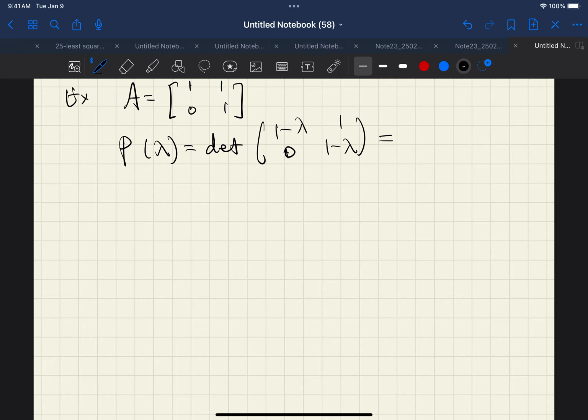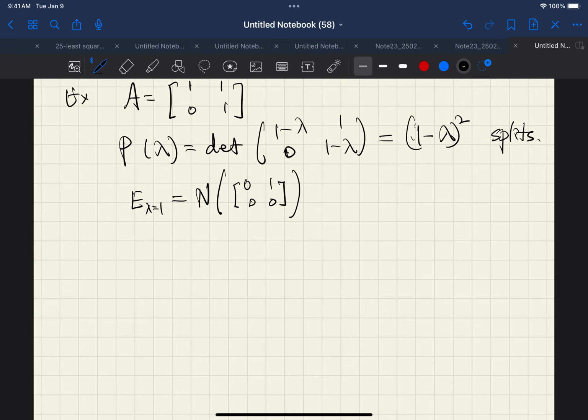So this is (1 minus lambda) squared, which means it splits, even for R. However, we can see that its eigenspace is the null space of A minus lambda I, which means [0, 1; 0, 0], which is the span of (1, 0).